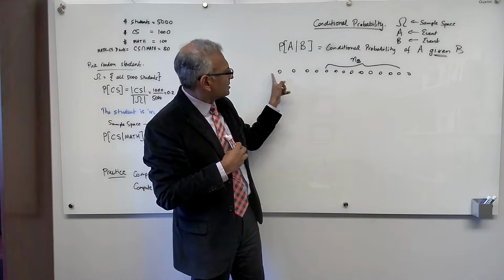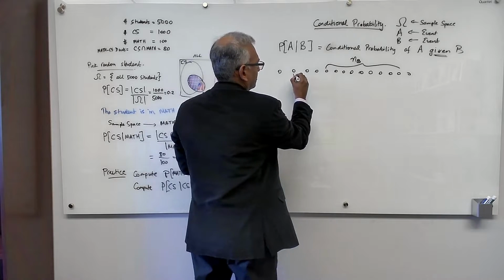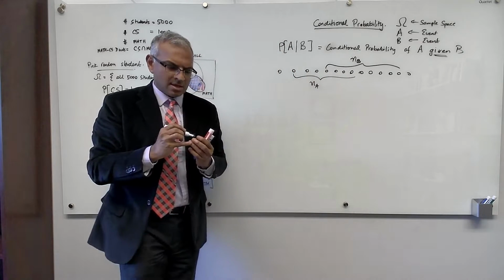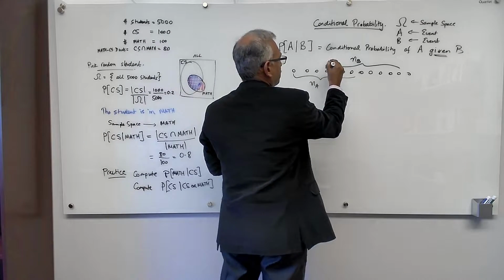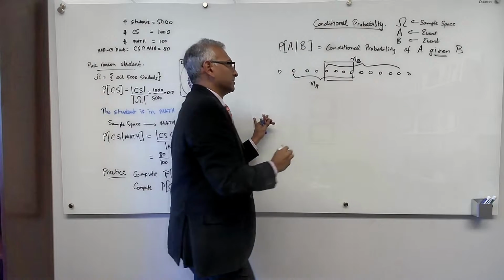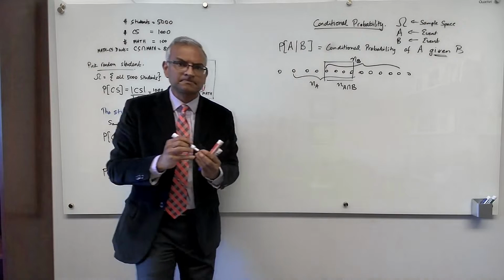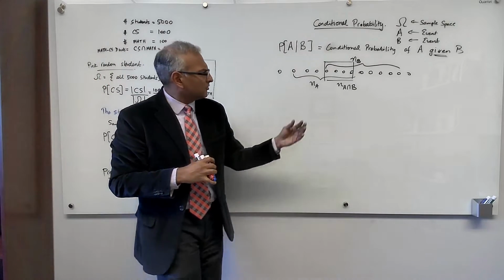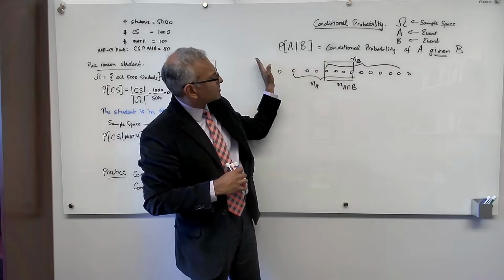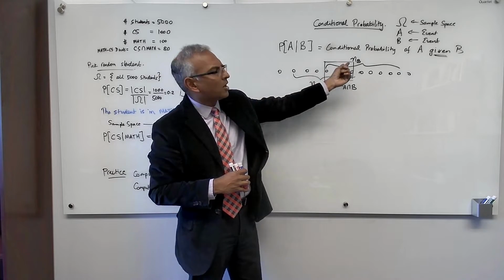Now, in some of these outcomes, A occurs. And in some of these outcomes, which are boxed, A and B occur. Now, if I tell you that B has occurred, that eliminates all these outcomes, and associated with those outcomes are the ones where A occurred without B occurring.